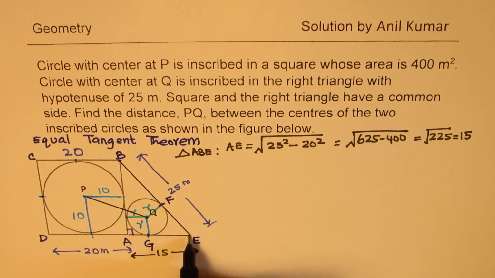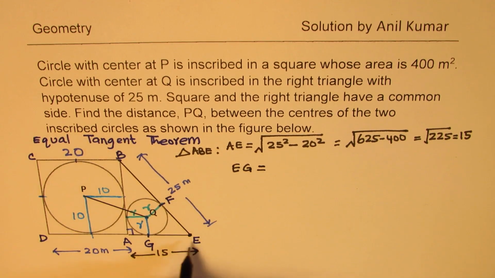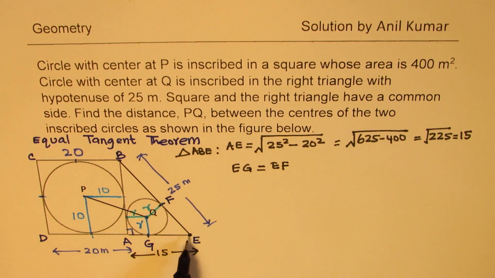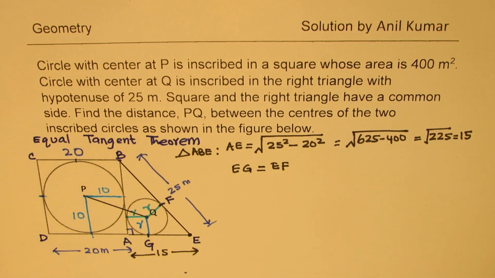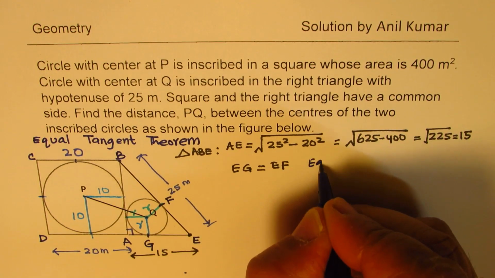So from the point, let's say E, from the point E, E to G is actually equal to E to F. Why so? That is an external point and these are the two tangents. That is the equal tangent theorem. So this is what the equal tangent theorem is.